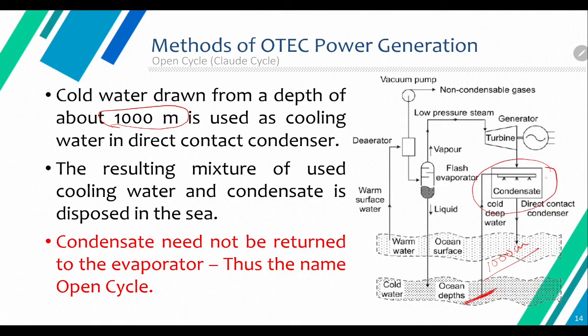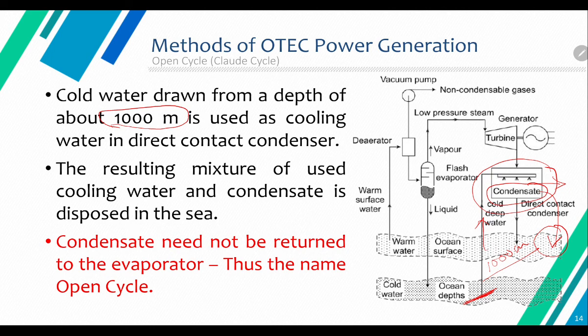Whatever is condensed, the condensate as well as the cooling water, both are disposed into the sea and not used again by the system. So this is the whole process.